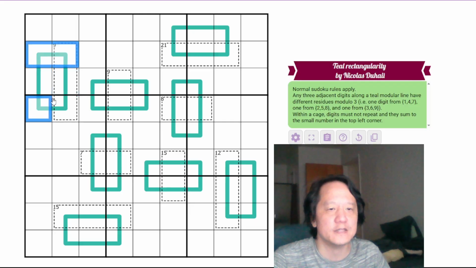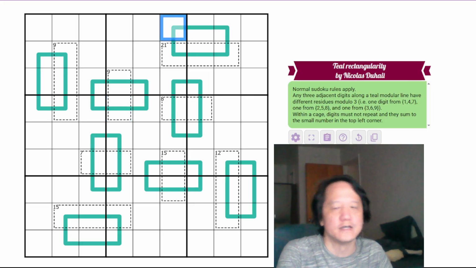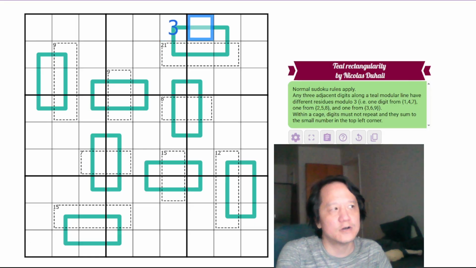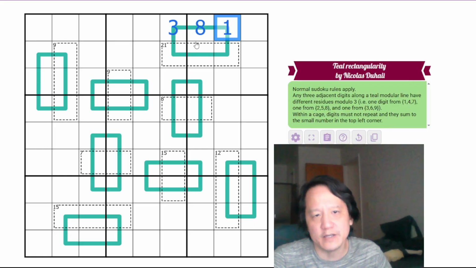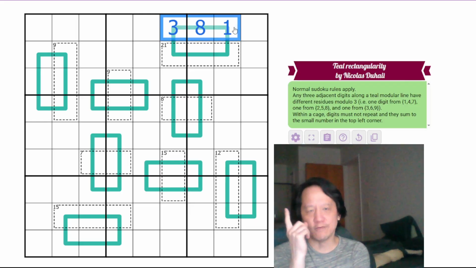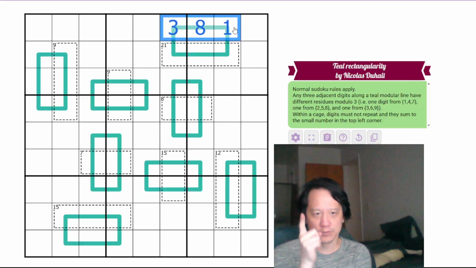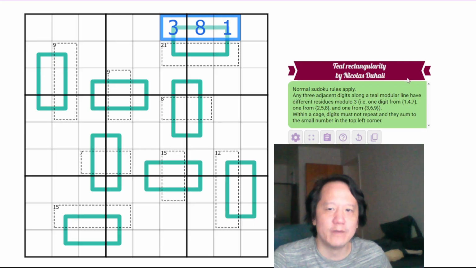For example, you could have 3, 8, and 1. This would be valid because you have 1 from 0 modulo 3, which is the 3, 1 from 1 modulo 3, which is the 1, and 1 from 2 modulo 3, which would be the 8. So that's how modular lines work.